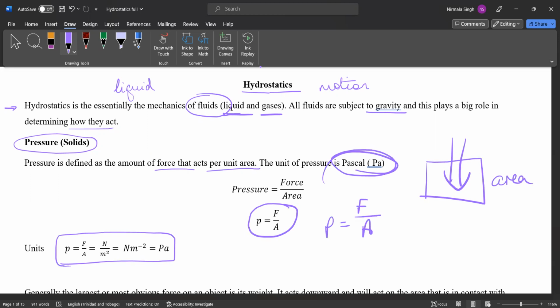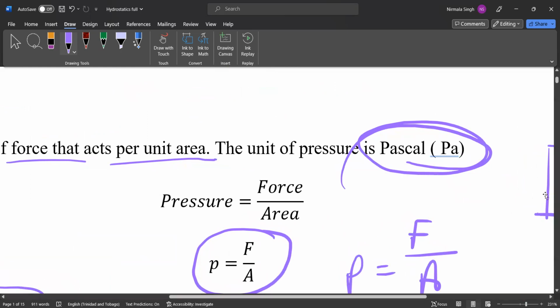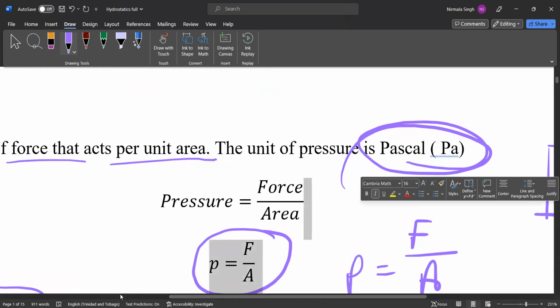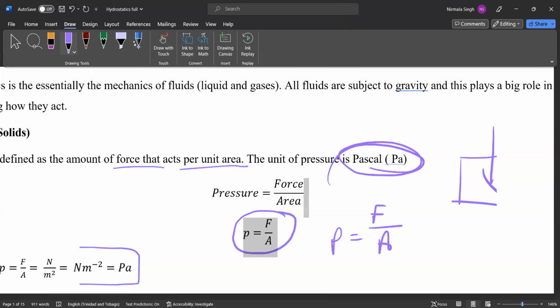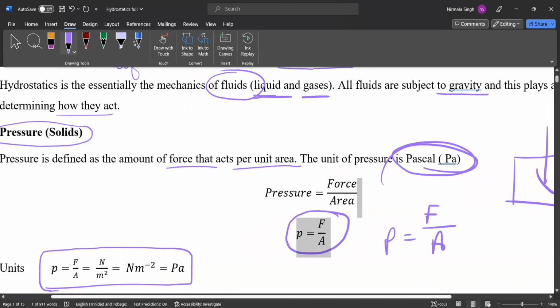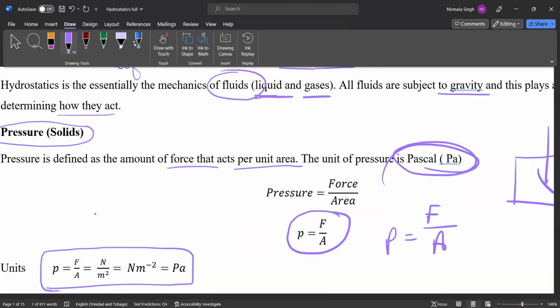So pressure is equal to, if that's a bit tiny, let's zoom in a wee bit. Okay, that's too much. All right, pressure is equal to force over area. The unit for force is the Newton, and the unit for area is meters squared.